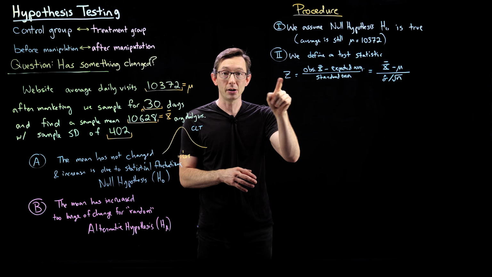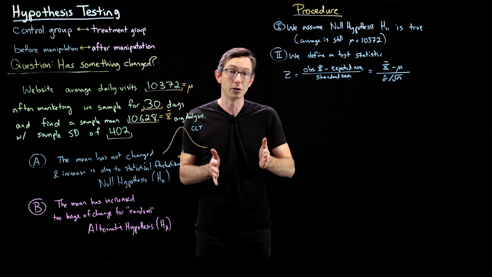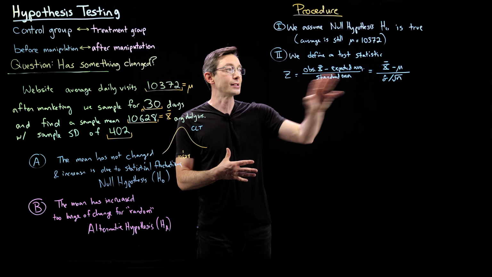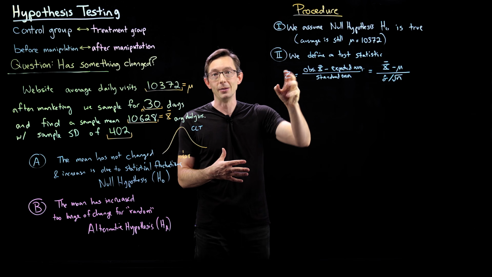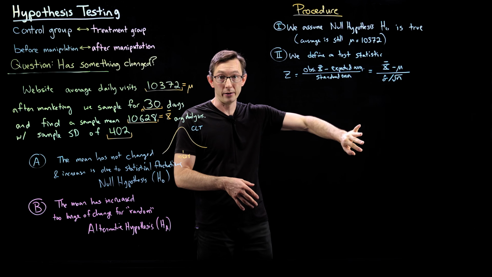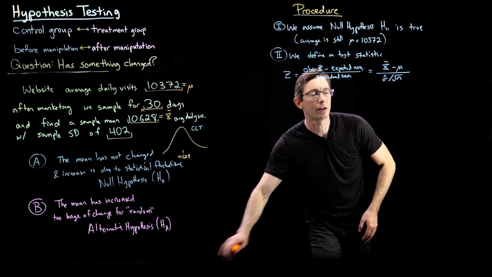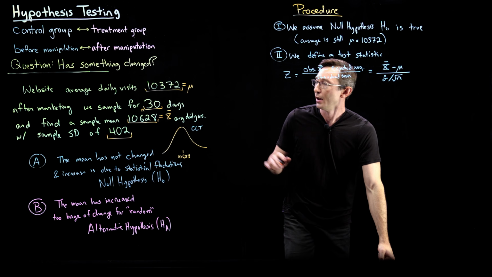It should be Gaussian with mean 0, standard deviation 1, which means we can use our lookup tables and our cumulative distribution functions to calculate things about the likelihood of z being less than some value or greater than some value.